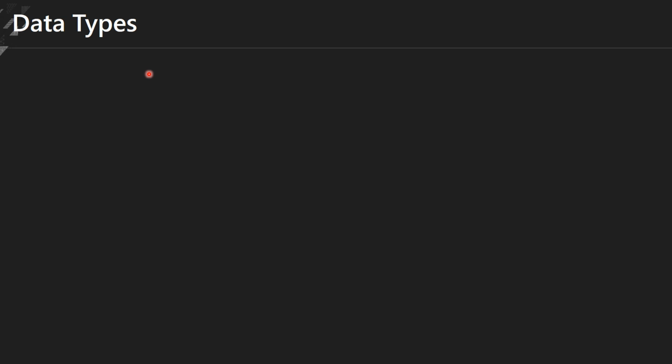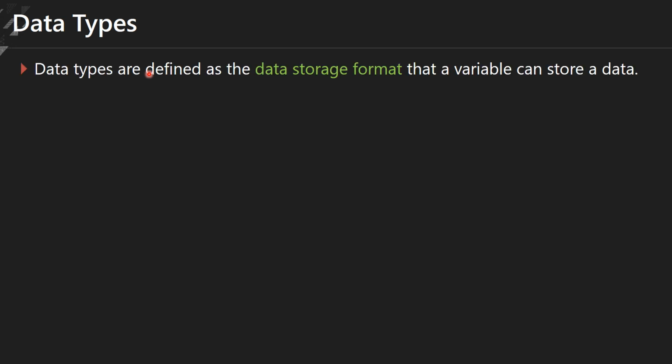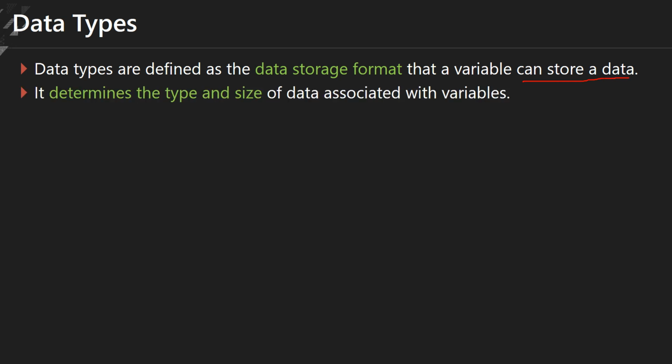Before starting the different types of data, we will discuss what a data type is. Data types are usually defined as a data storage format, that is, the format in which a variable can store values or data.